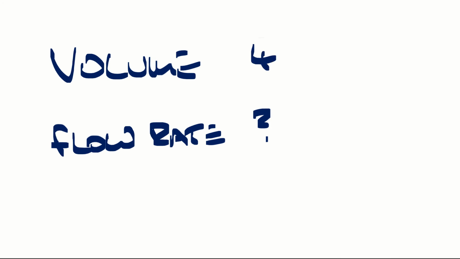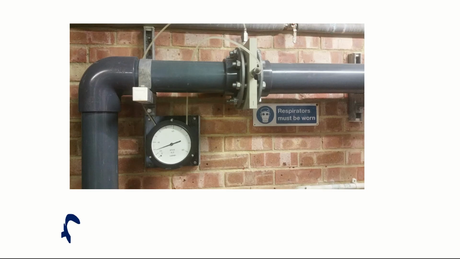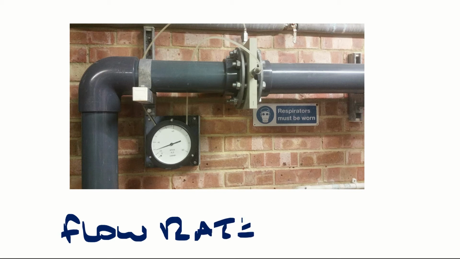So let's put 420 in there. So 420 meters cubed. Okay, flow rate. You don't work out the flow rate, you look at what's called the flow rate meter in the plant room. This is a flow rate meter, and it'll tell you what the flow rate is.